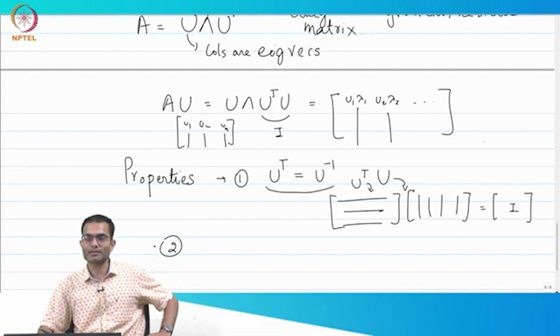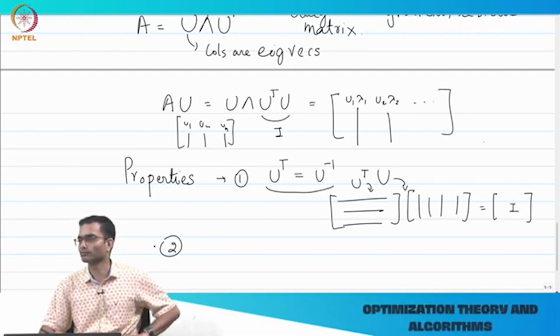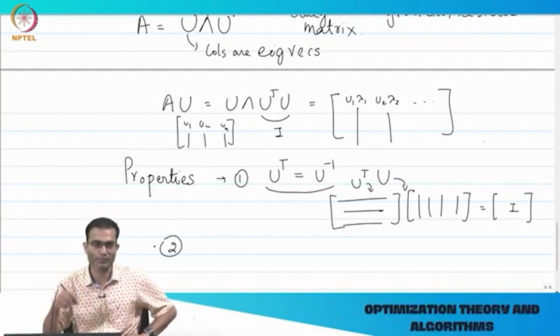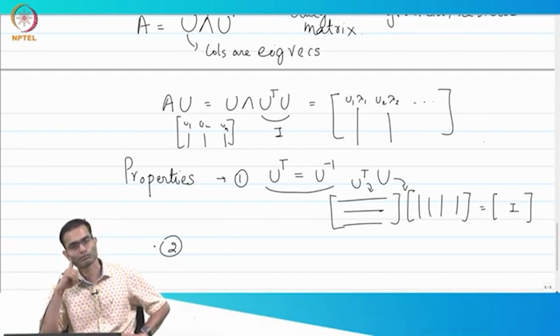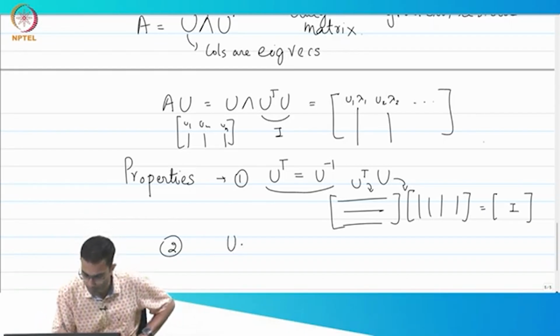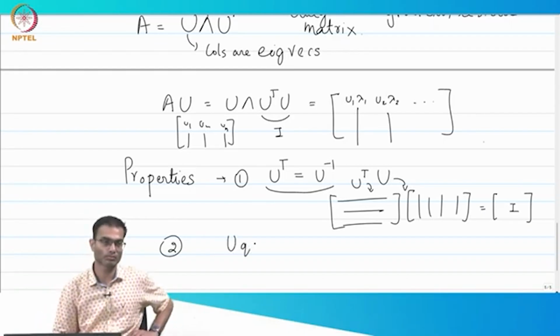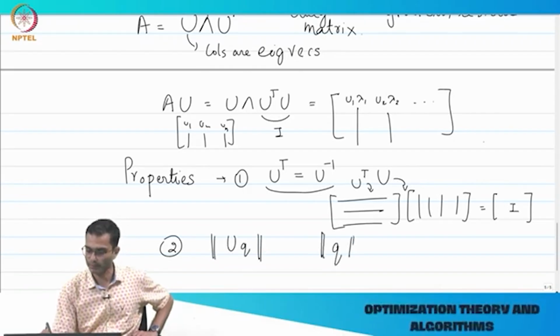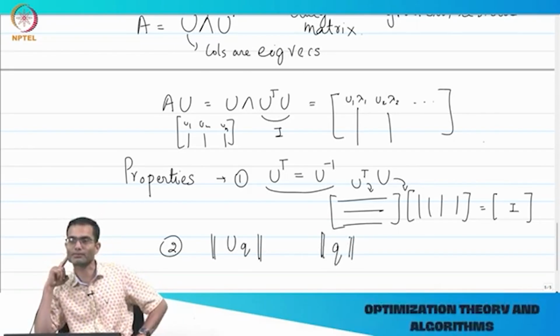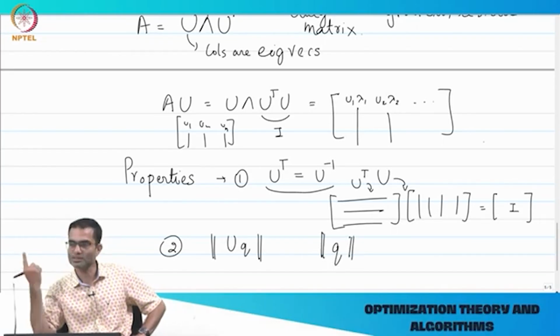This U matrix has a few more nice interpretations. For example, what does it do to the length of a vector? Supposing I multiply U by some vector q, and take the length of that vector and compare it to the length of the original vector itself. What happens? It's equal, right?